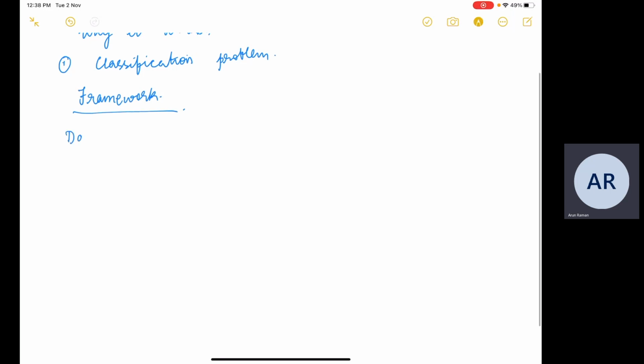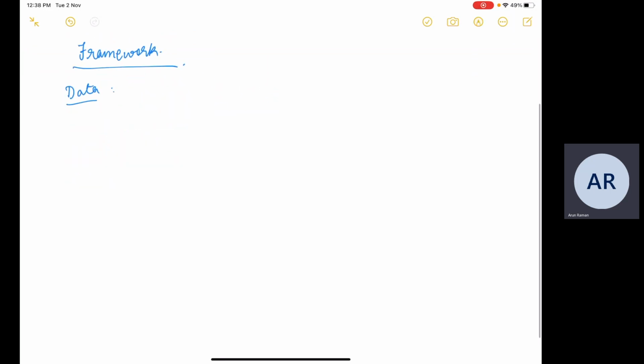So what we have in the framework, first thing is our data. So we have, let's say, n data points, xi, yi. Xi is in the input space, yi is in the output space, and we have n data points.